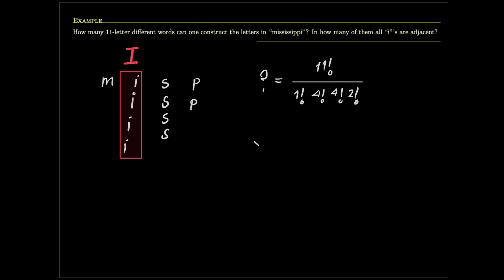So it becomes 8 factorial. But the answer is not just 8 factorial, because even though I have one capital I which is not repeated, I have 4 S's and 2 P's. So I have to divide by? 4 factorial times 2 factorial. So that's the answer. Yes?